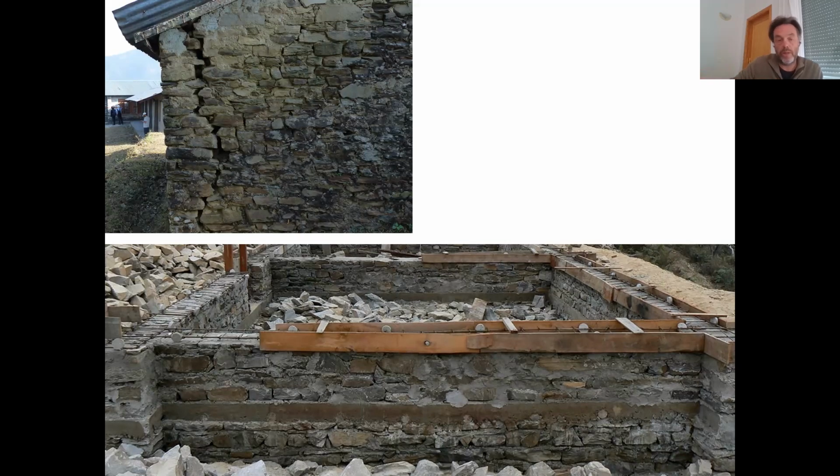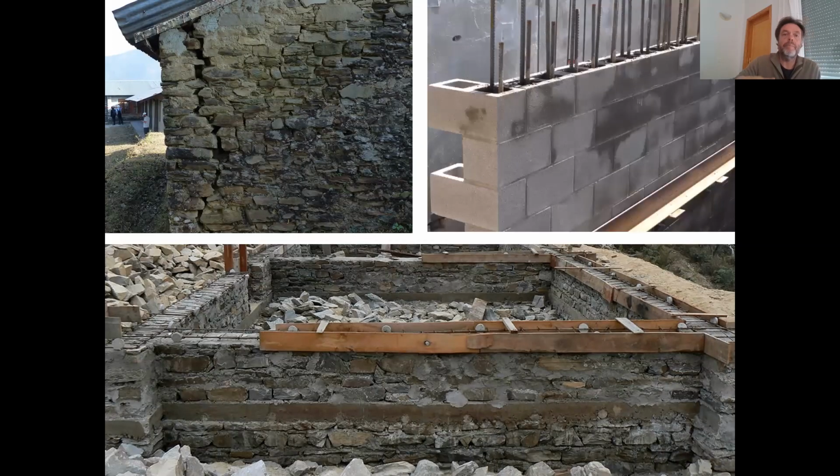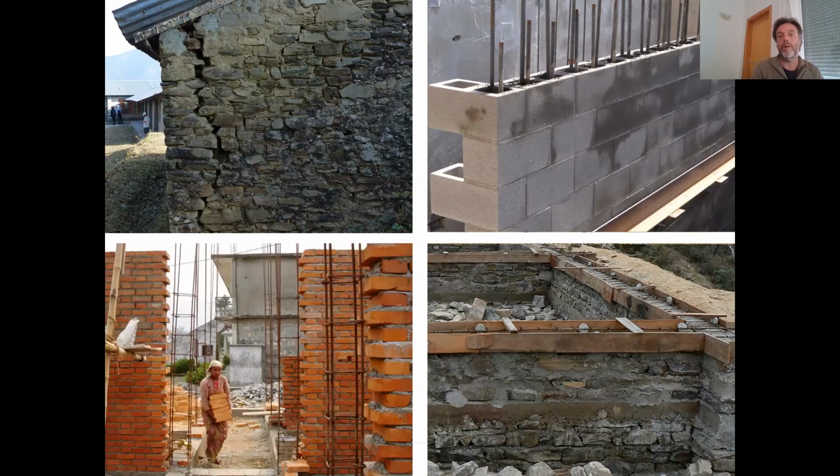Unreinforced masonry is what it is, nothing whatsoever. This is done with mud mortar, no reinforcements in there in any way, versus the complete opposite, which is reinforced masonry. Reinforced masonry has a lot of reinforcements in there. And the last one we have already seen is confined masonry.